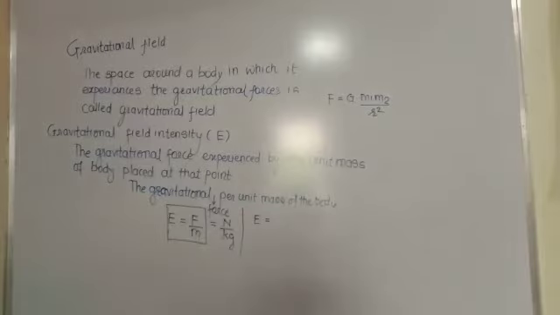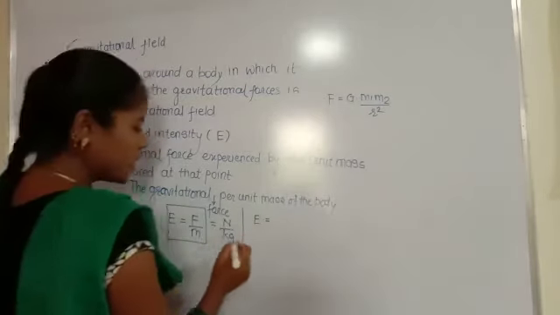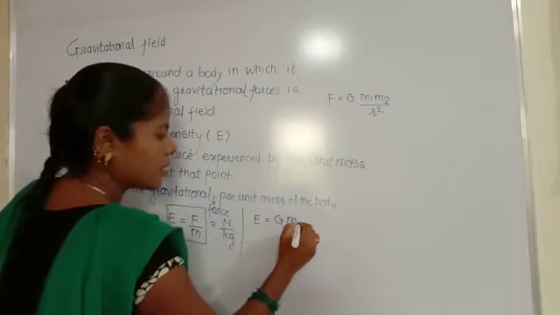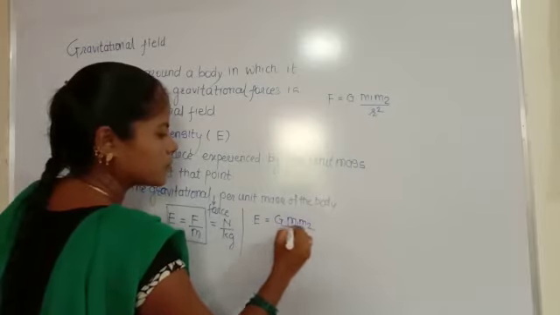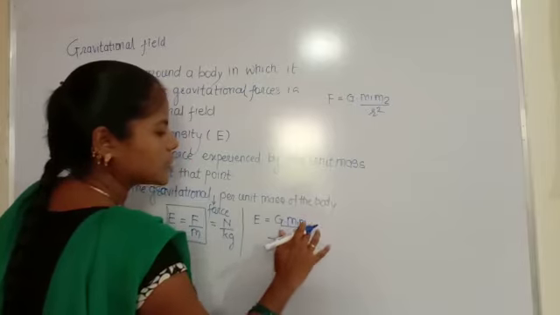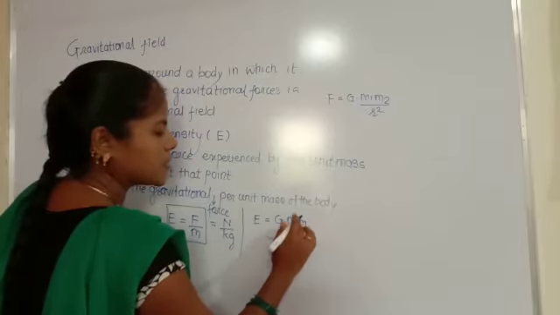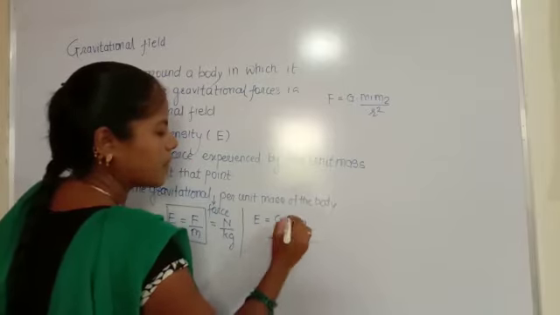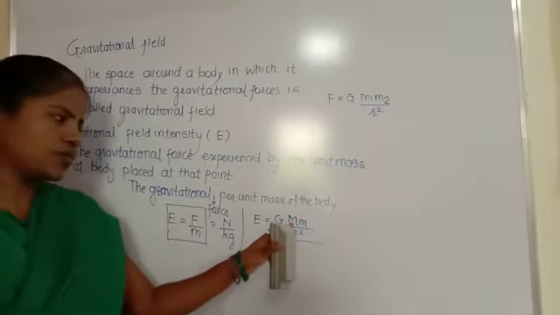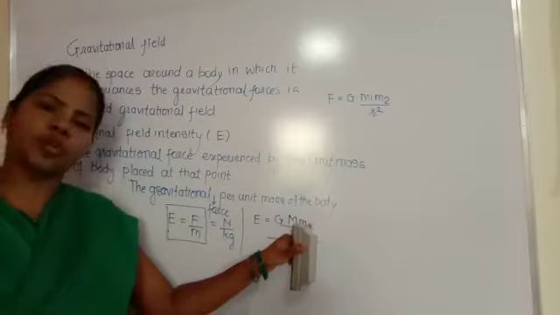So if we put the value of G M1 M2 divided by R square, and here we take the small mass as m and the large mass as capital M, where capital M is the mass of the first body and small m is the mass of the small body.